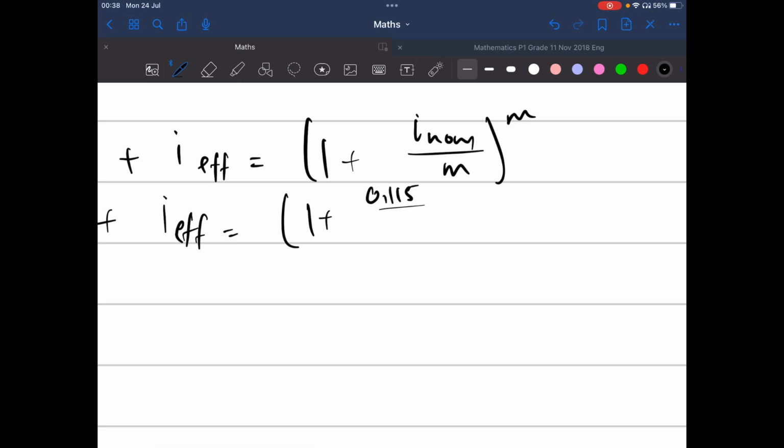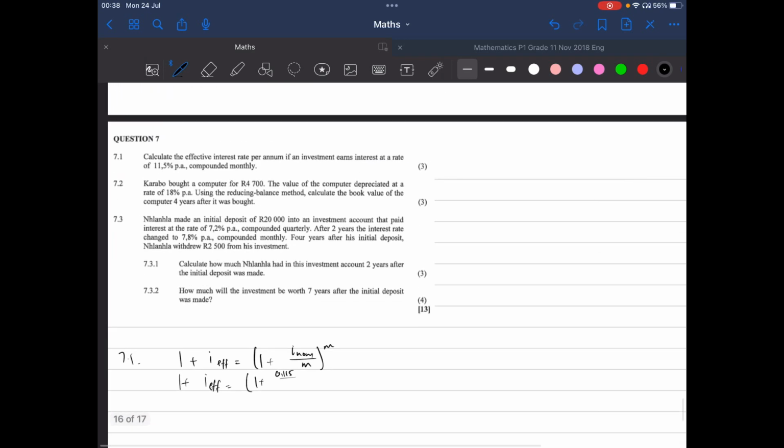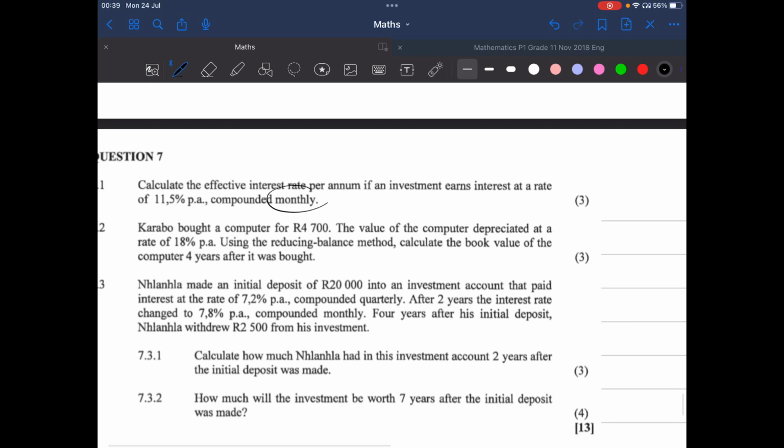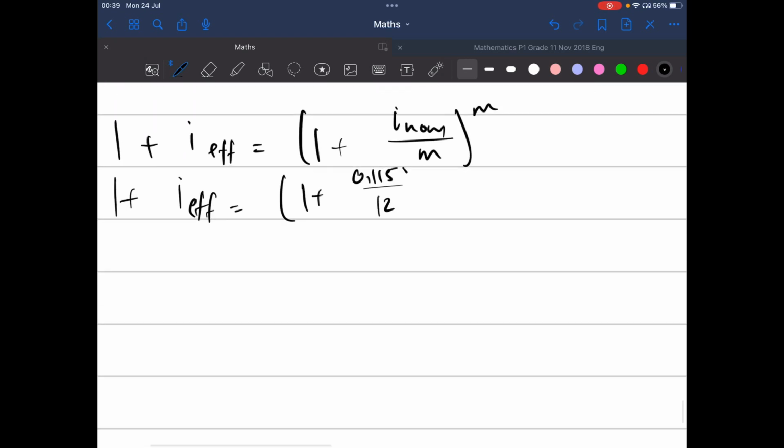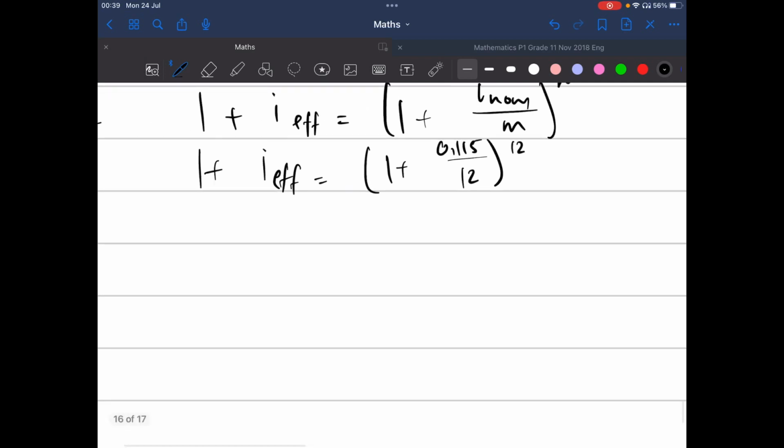I just took 11.5 divided by 100, and then you get 0.115 over, now how many months are there? We're compounding it monthly. So if we're looking per annum, that's 12 months. So 12 and 12. And now it's just a simple case of solving for i effective.